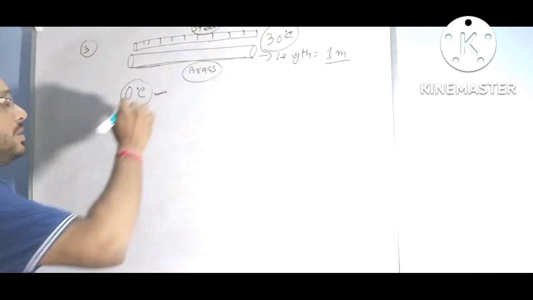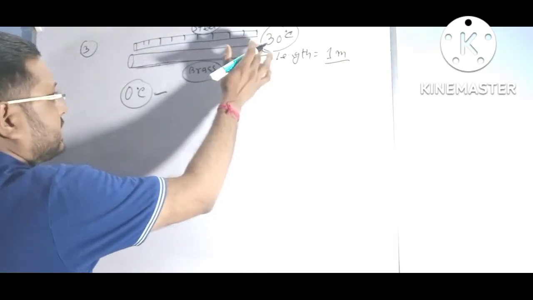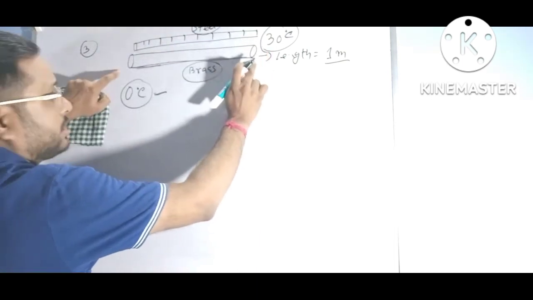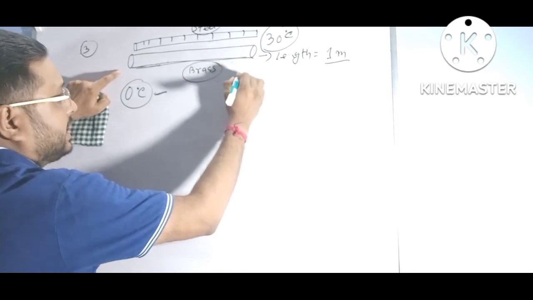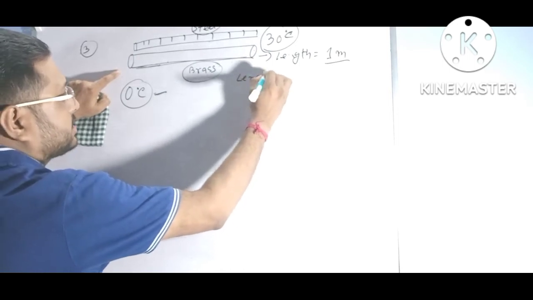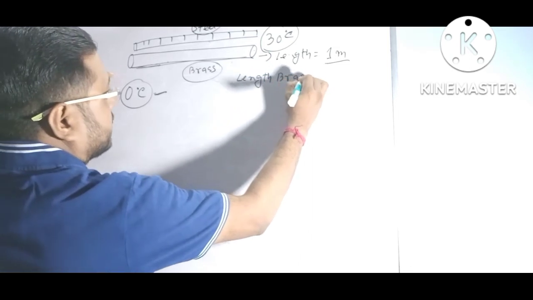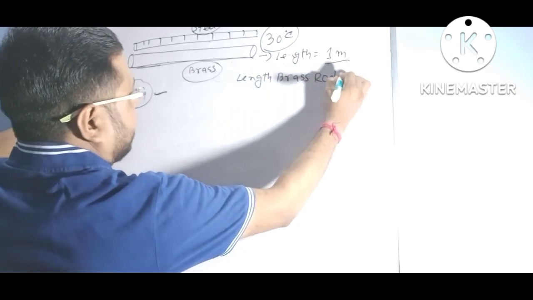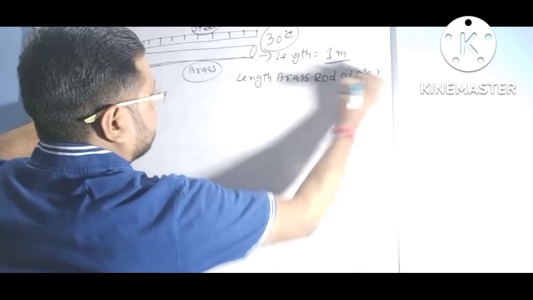So अगर 0 डिग्री सेंटीग्रेड में ये ब्रास रॉड का लेंथ लिया होता तो वो क्या होता? What will be the length of brass rod at 0 degree centigrade?